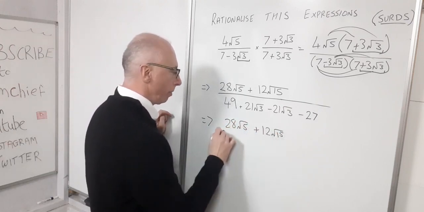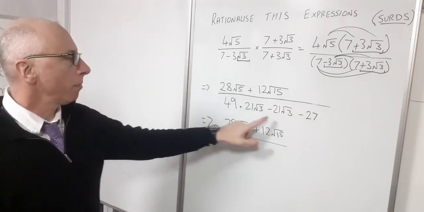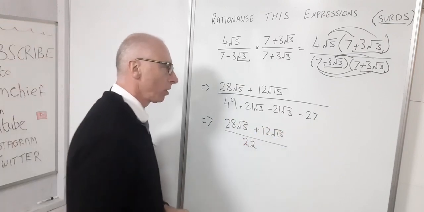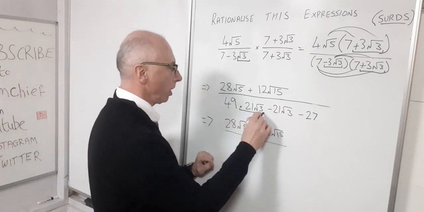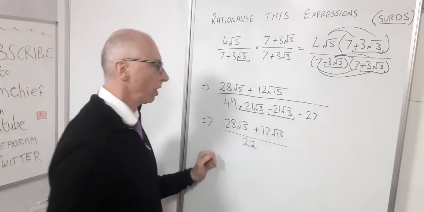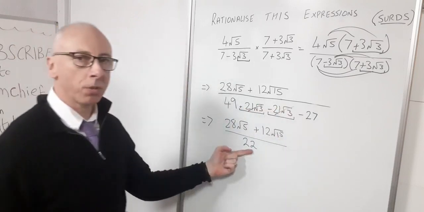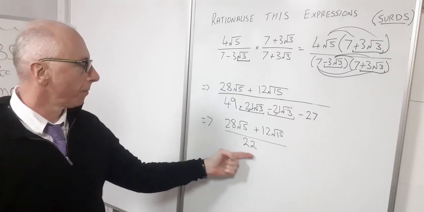And then on my denominator, something good is now going to happen. 49 minus 27, that's my integer taken care of. So that's 22. Now here, plus 21 root 3 minus 21 root 3, they will just disappear. Hence now I've got no surd in my denominator, and that's the desired result that we wanted.